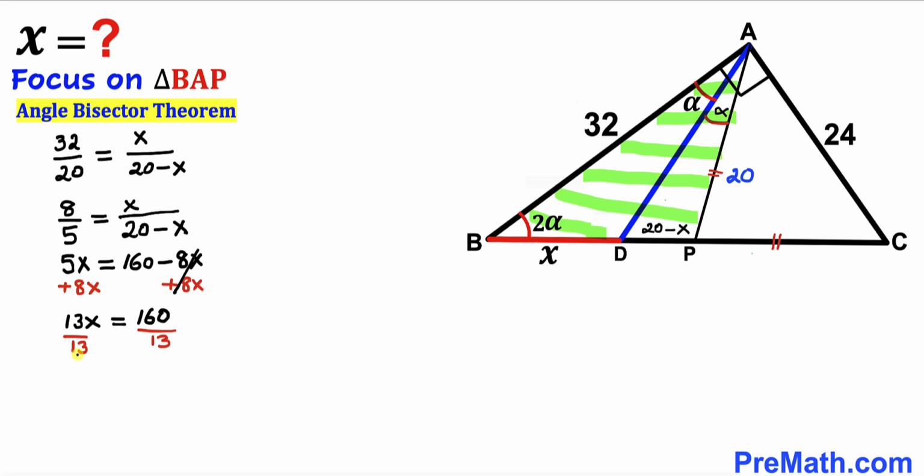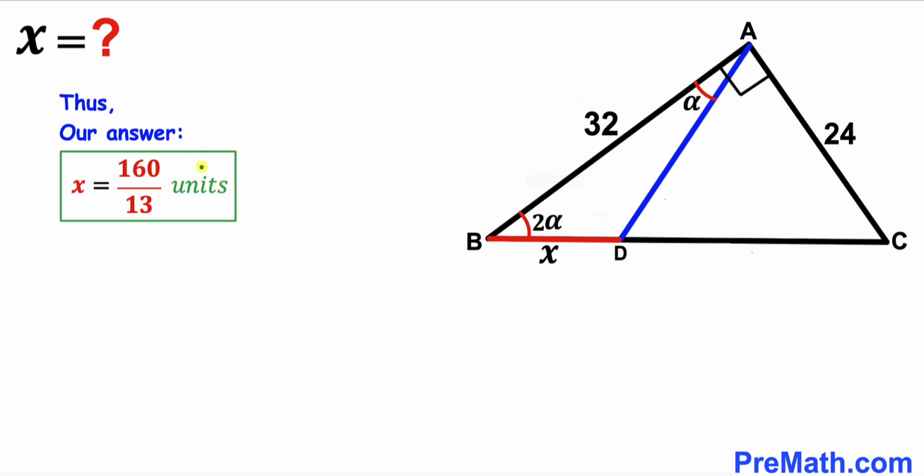Let's go ahead and divide both sides by 13 to isolate x. So our x value turns out to be 160 divided by 13 units, and that is going to be approximately equal to 12.31 units.